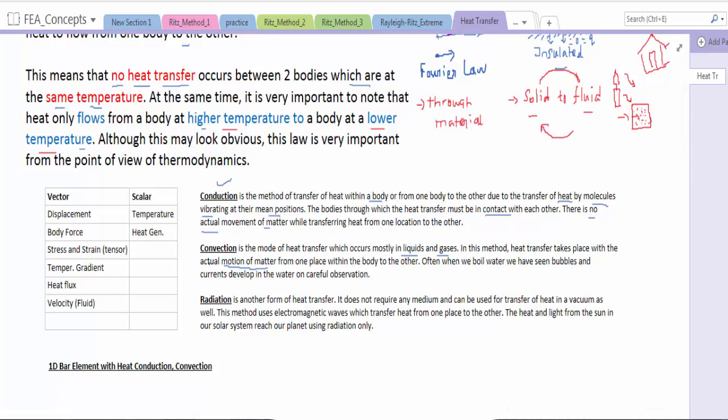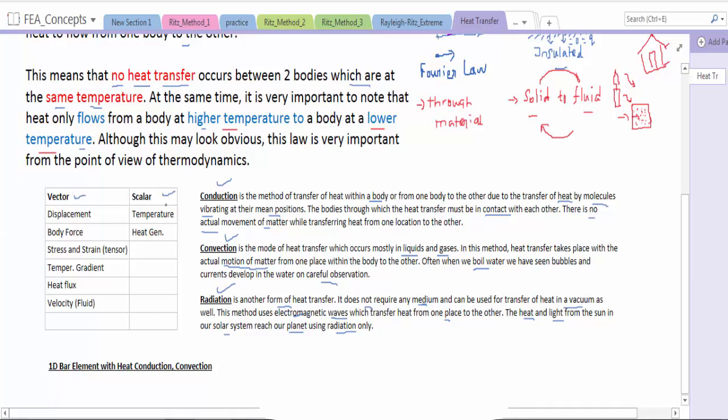That is motion of matter or molecules from one place to another place. So boiled water is the best example for convection. And radiation is another form of heat transfer. It does not require any medium. It can transfer through a vacuum also, in the form of light.